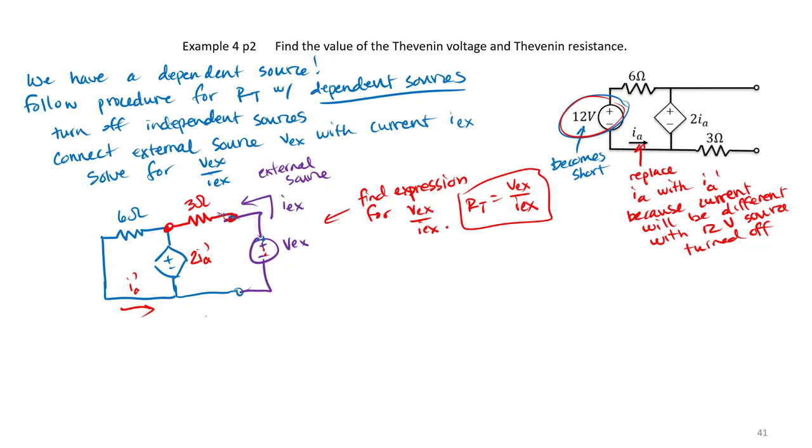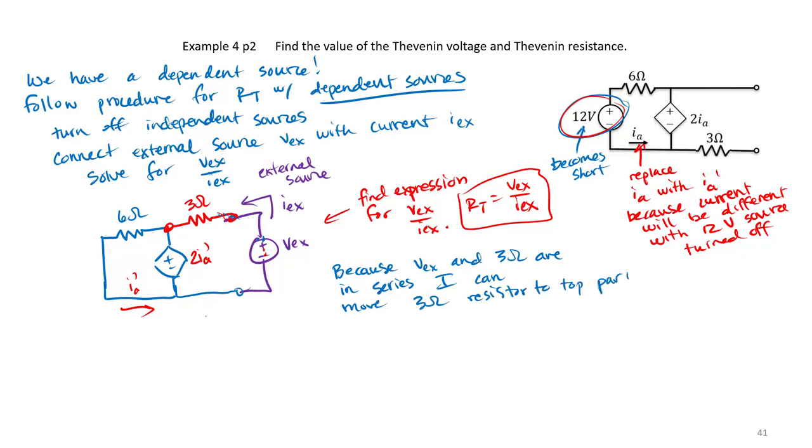Because VEX and the 3 ohm resistor are in series with each other, I can move the 3 ohm resistor to the top, because as long as it stays in series, that's legal.